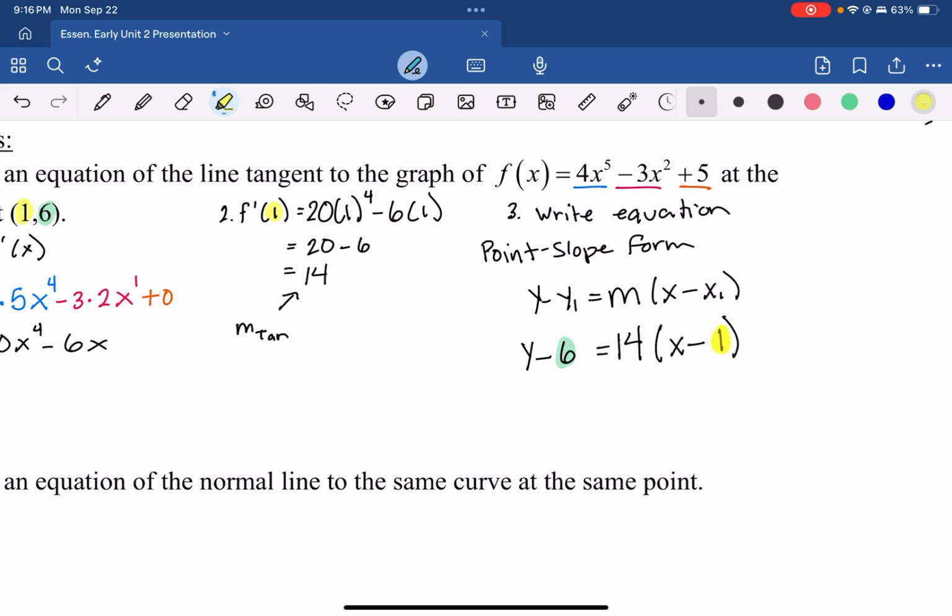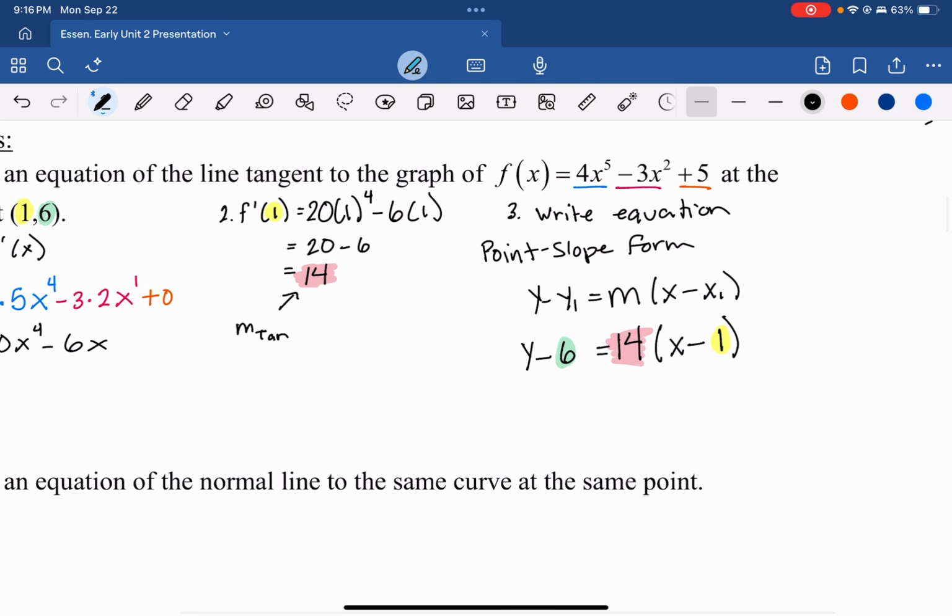My x1 and y1 values come from the point given to me, and we find that tangent slope by finding the derivative. We're going to leave it like this. I'm not going to distribute my 14 and move my 6 to the other side.